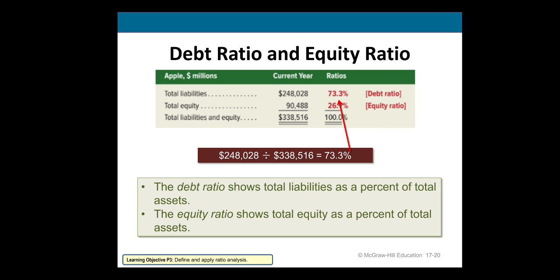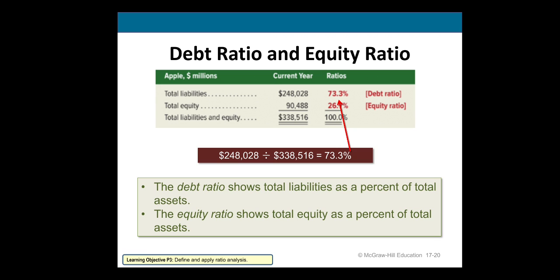You divide this number by the total asset, which is 338,516, and you will see that the debt ratio is 73.3%. See the green box at the bottom of this slide. The debt ratio shows total liabilities as a percent of total asset. That is the way to calculate the debt ratio.